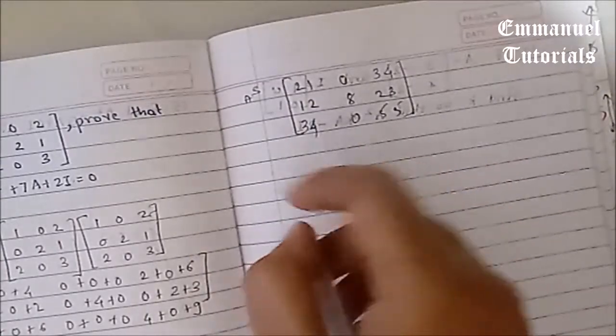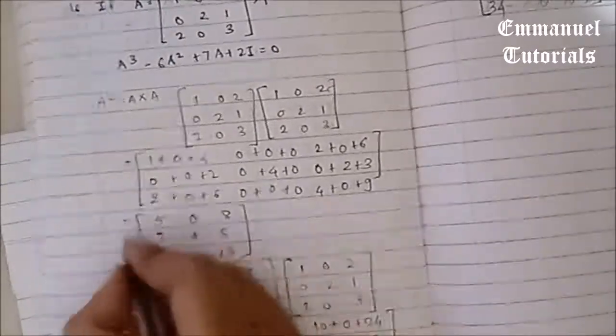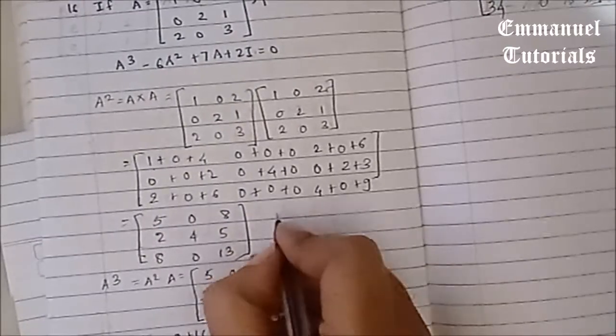Now we have to find out 6a square. So let's solve it here itself, where we have found out the value of a square. 6a square will be the multiplication of a square by 6.